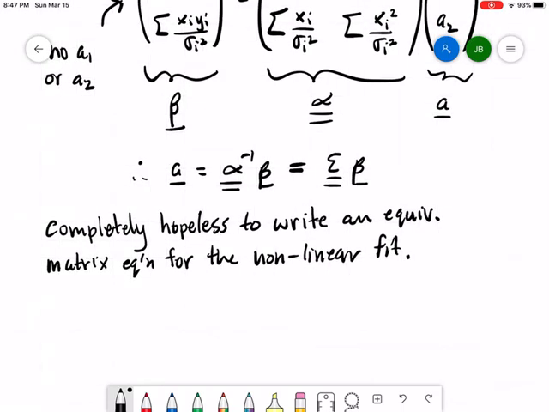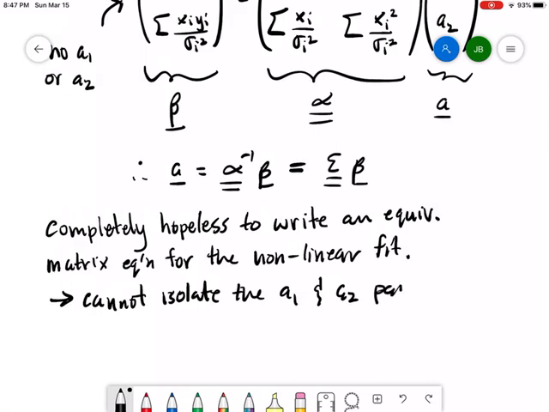In other words, we cannot isolate the A1 and A2 parameters.